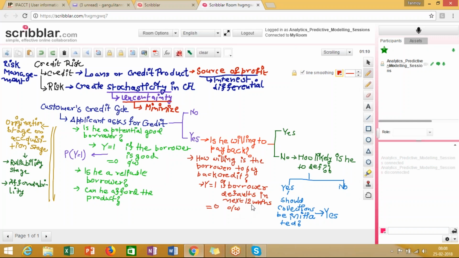So basically, the idea over here is that if the willingness of a borrower to pay back the credit is very high, then the chances of the borrower to default will be very low. And if my willingness to pay back the credit is very low, then my chances to default will be very high, which is pretty intuitive, right?